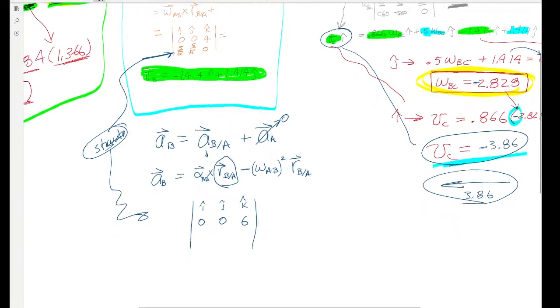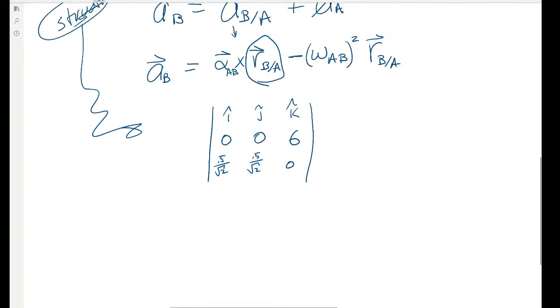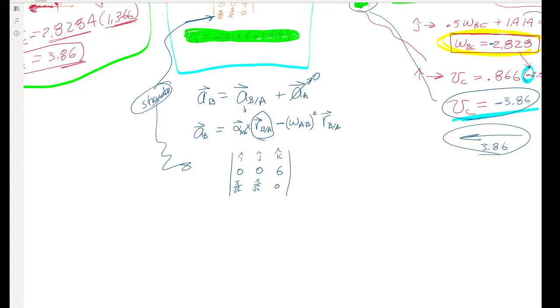So now I just put those same values here. Give me a second here.